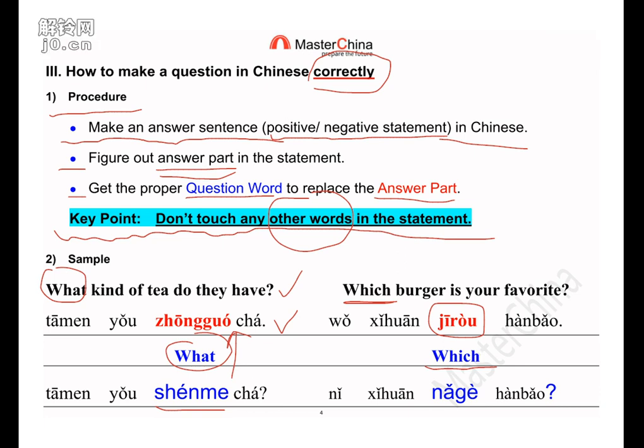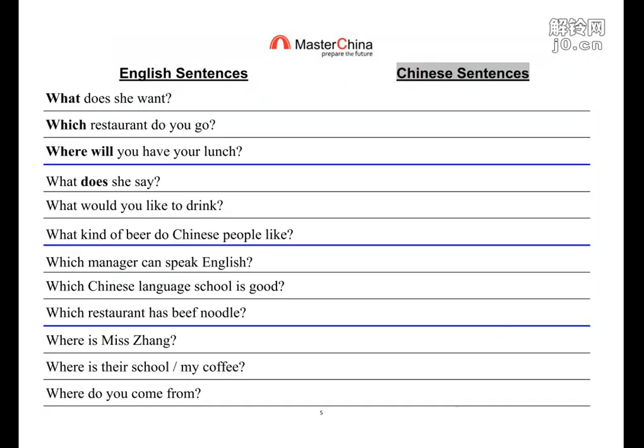Let's check this practice. All these questions have these 3 question words. Before you make the questions, please answer them. Then follow our steps, figure out the answer part in the statement, then use the question word to replace it. Let me make clear now, because we want you to focus on practicing this skill or this understanding, we only use the present tense.